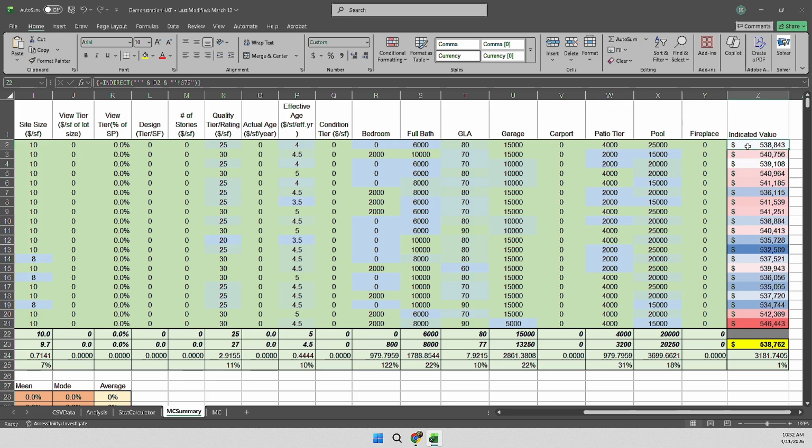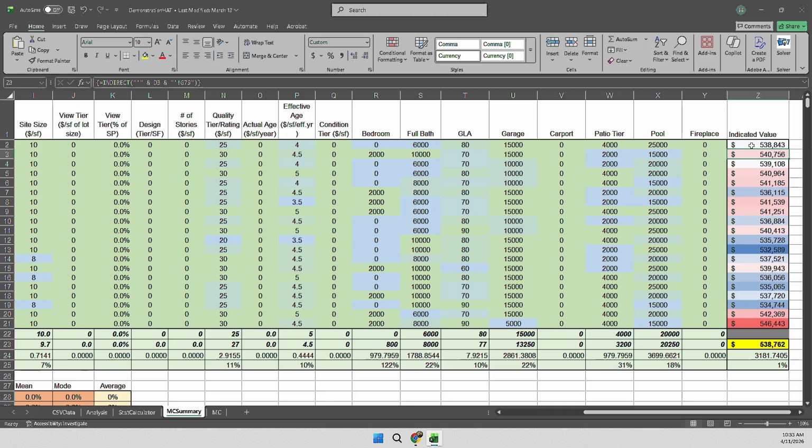We can see that that's 538,843. I know it's small on your screen, but again, we're just getting the big picture. And the second one's just about $2,000 different. So we had differences in adjustments in quite a few different areas, but at the end of the day, the indicated value, the reconciliation for that specific adjustment set, the grid that's associated with it, is less than $2,000 apart.